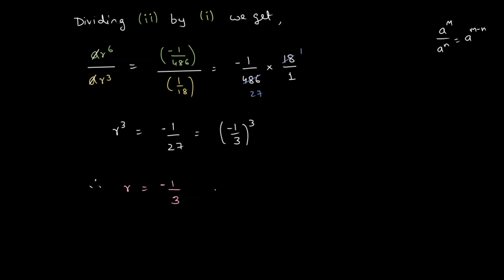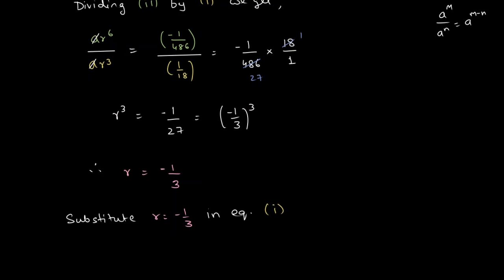Right, so I found the value of r, the common ratio. I'm not yet done, I need to find the value of a, the first term. For that I will substitute the value of r, which is negative 1 upon 3, in equation number 1, because it's a relatively smaller term to deal with.